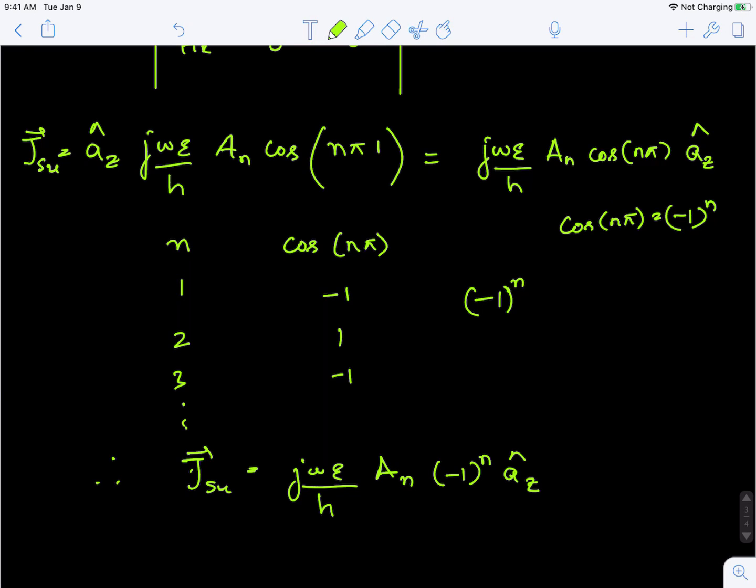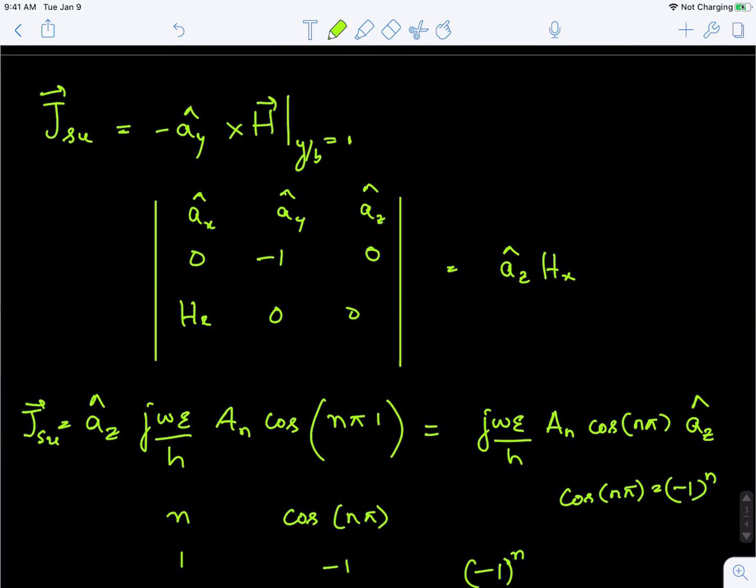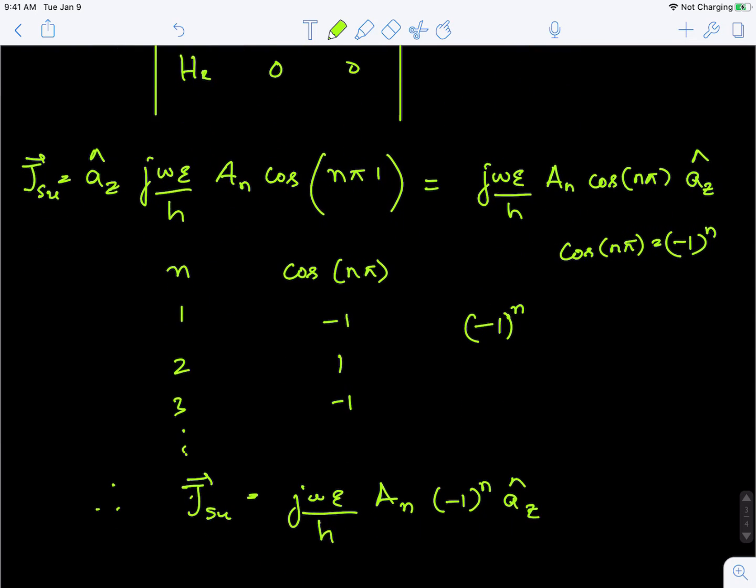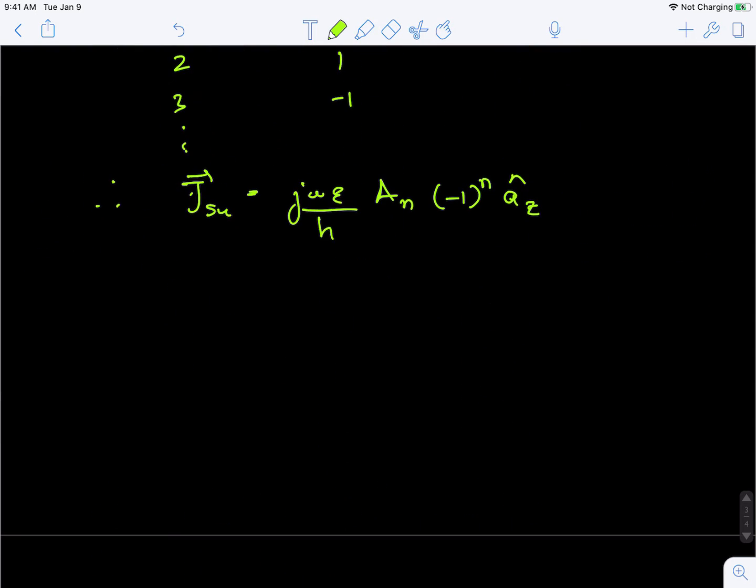All that it's saying is that the current density on the upper plate is changing its direction with the mode of operation.